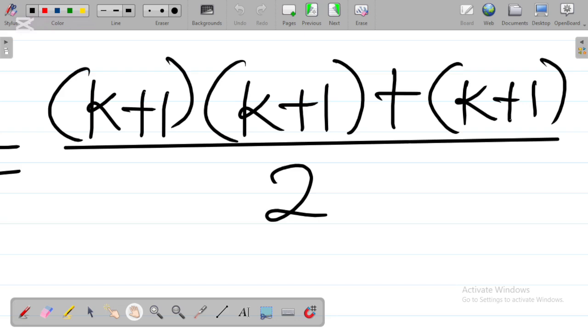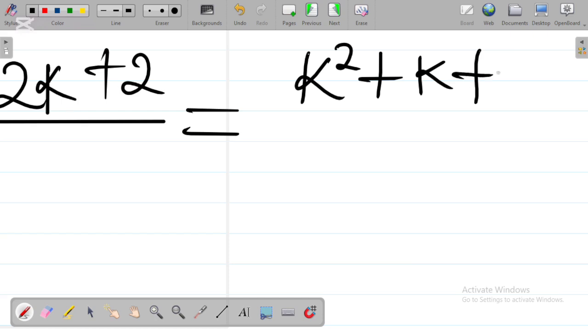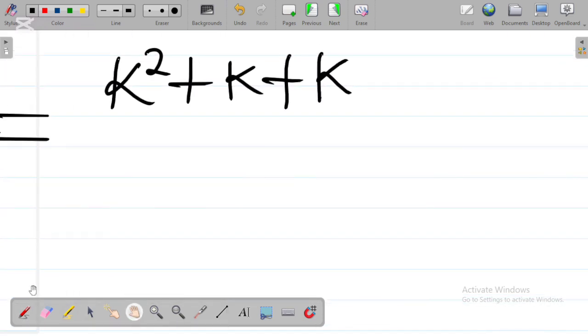If you multiply this, it will give you k square plus k plus k and then plus 1.